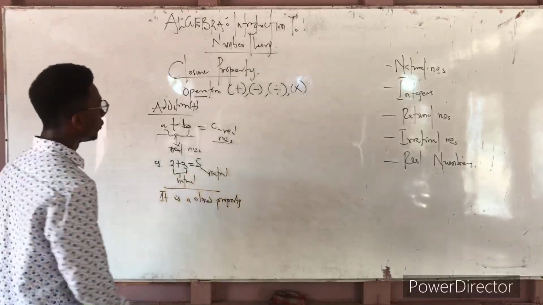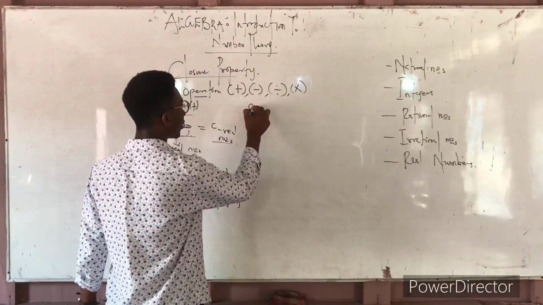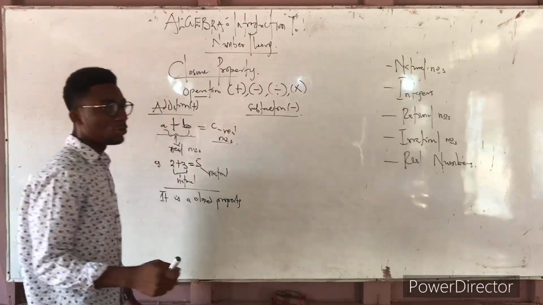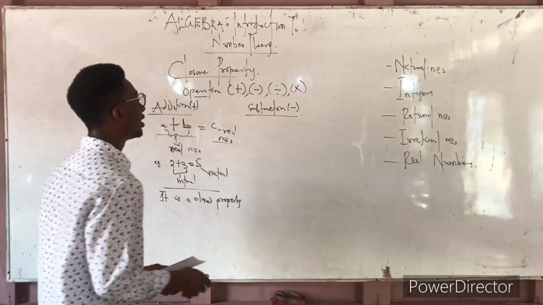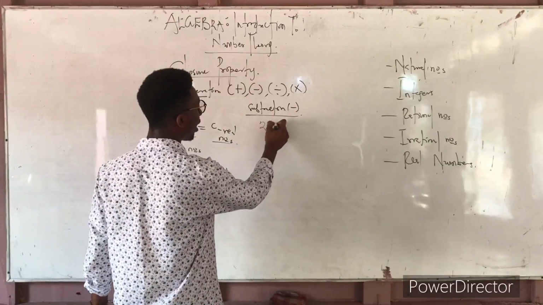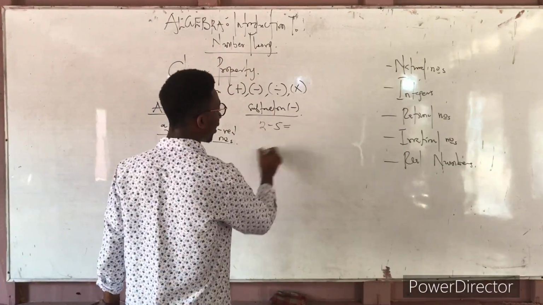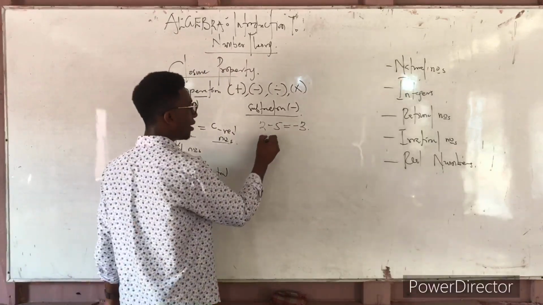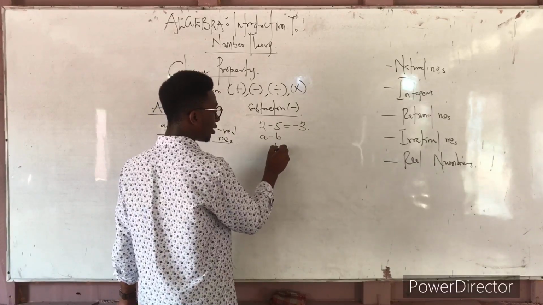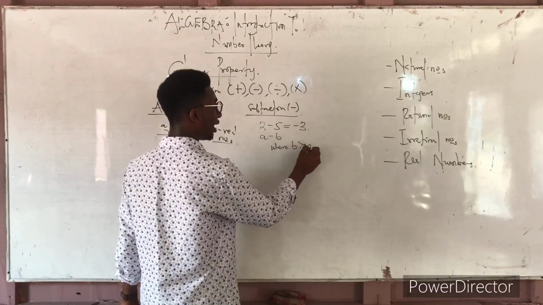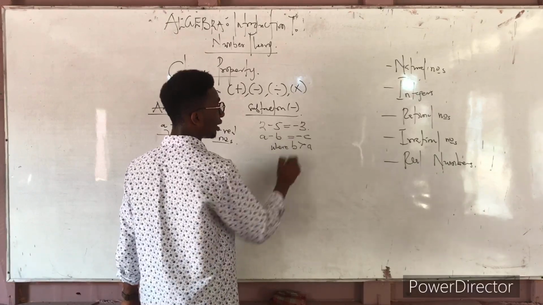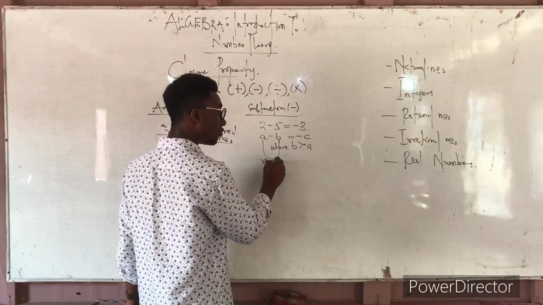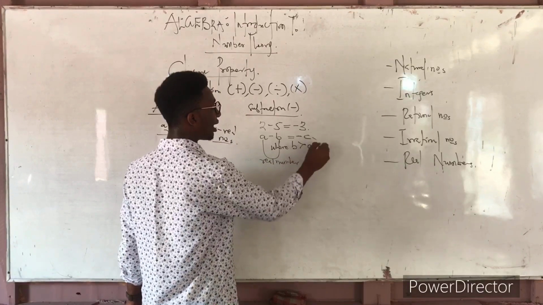Now let's check subtraction. Is it a closed property or not? Let's take for example 2 minus 5. When you do 2 minus 5, you get minus 3. That is to say, in A minus B, where B is greater than A, you'll get a negative answer.